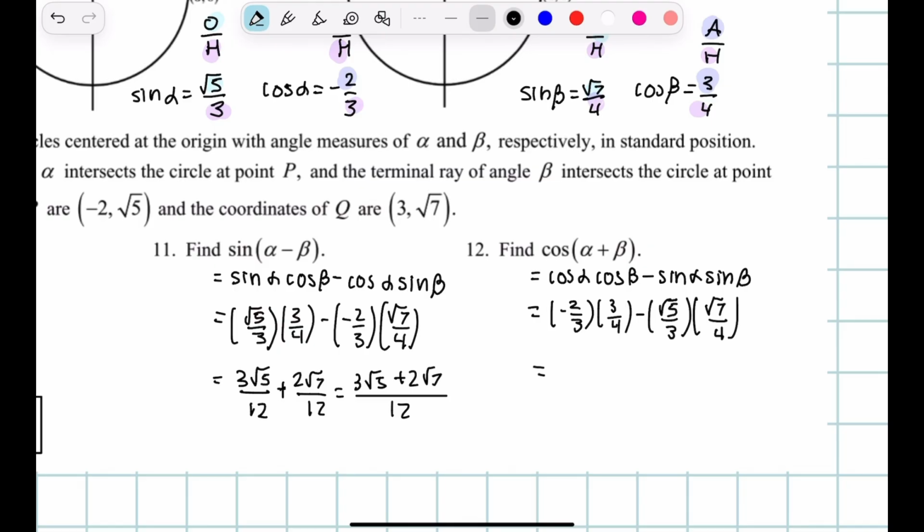This is equal to negative 6 over 12 minus root of 35 over 12, which is negative 6 minus the root of 35, all divided by 12. And that is going to be your final answer for this.